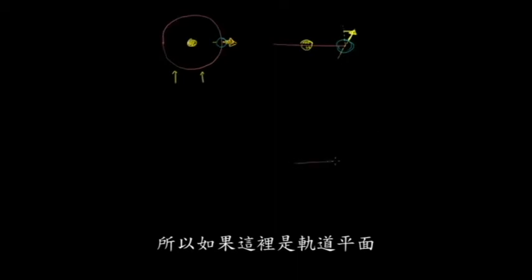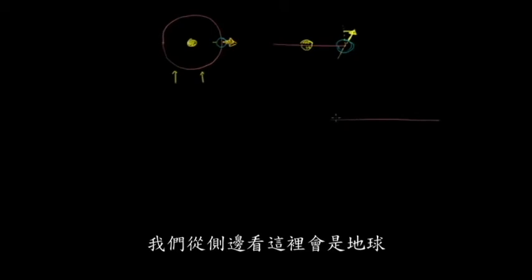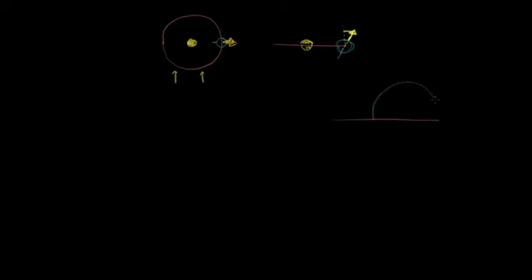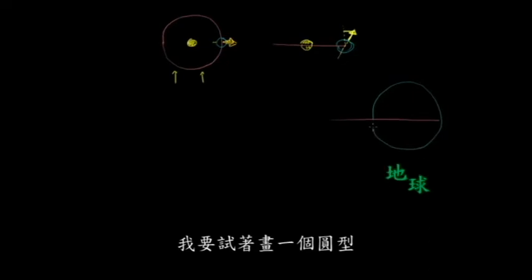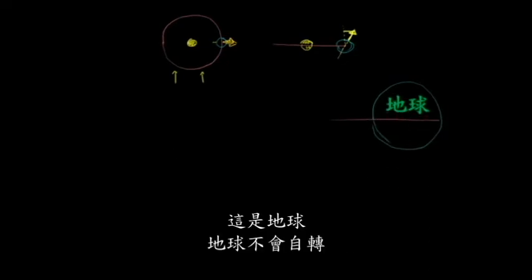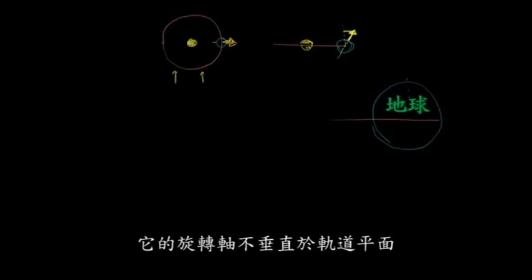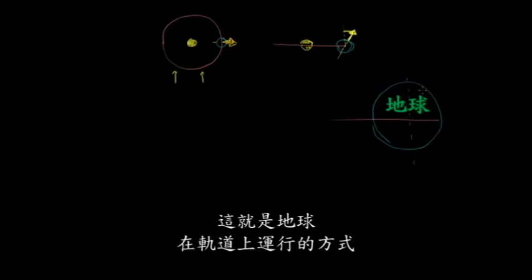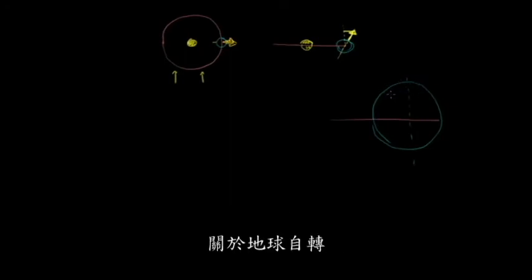So if this is the plane of the orbit, we're looking sideways along the plane of the orbit. And this is Earth right over here. My best attempt to draw a circle. Earth's axis of rotation is not perpendicular to the plane of the orbit. So this is how Earth would rotate if it was.